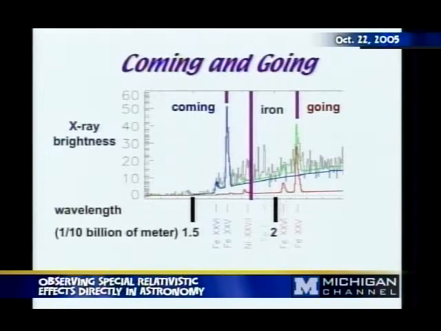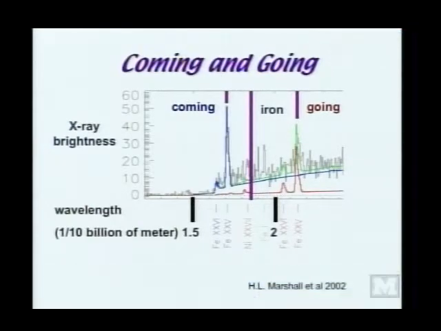What people would have looked at, seeing this, and say, okay, you have an energetic object, that means you can get emission from heavy material like iron. We should see an iron line over here. Well, this gray stuff is the amount of light they see, and there's no special line right where the iron ought to be.